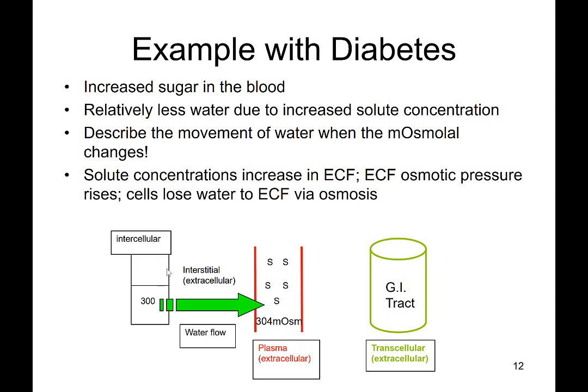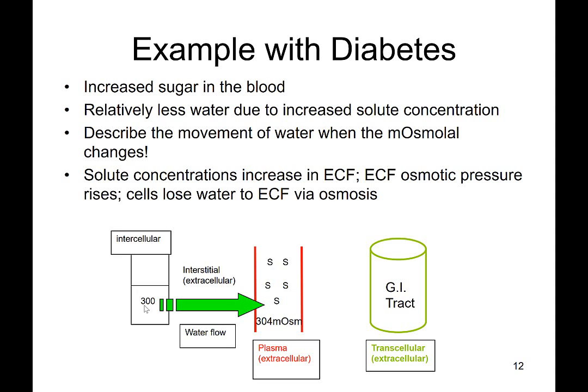We now have a disturbance in our body fluid compartment osmolalities. You can see here all the S's that I've shown here as glucose, for sugar, within our blood vessel. The plasma osmolality is no longer 300, but instead 304. But adjacent tissues near this blood vessel are still at 300.